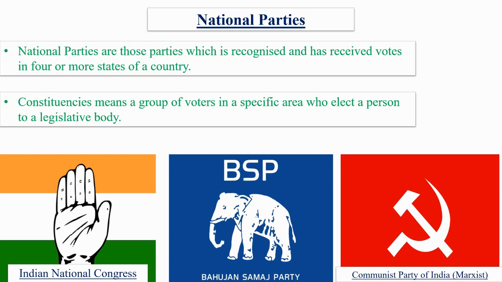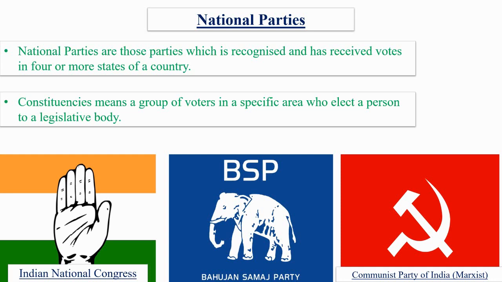They should receive at least 6% of the votes in those states during the Lok Sabha elections or the state assembly elections, and at least 4 members should be elected in Lok Sabha in the previous elections that were held. Or the candidates of a party should be elected from minimum 2% of constituencies out of the total Lok Sabha constituencies and from minimum 3 states.